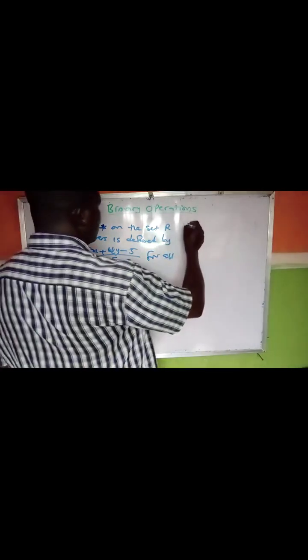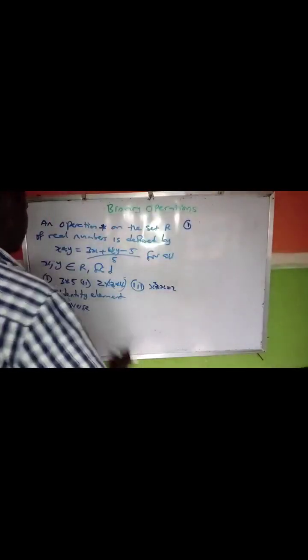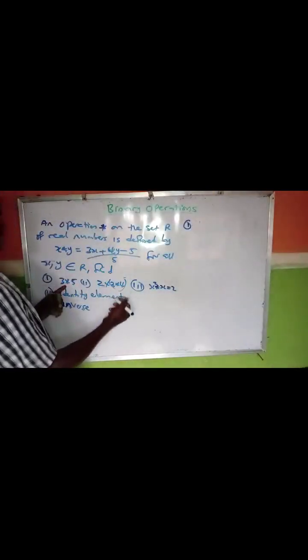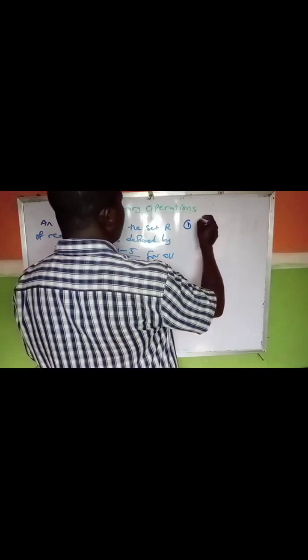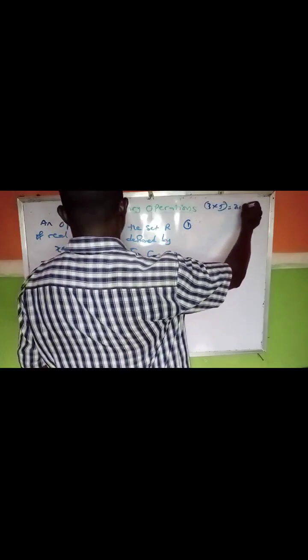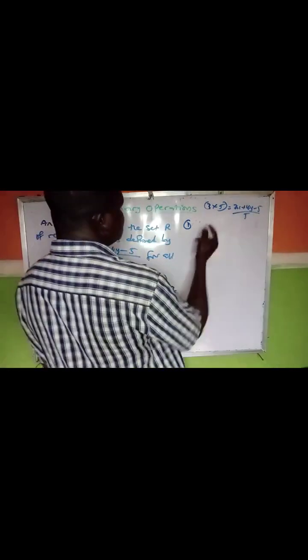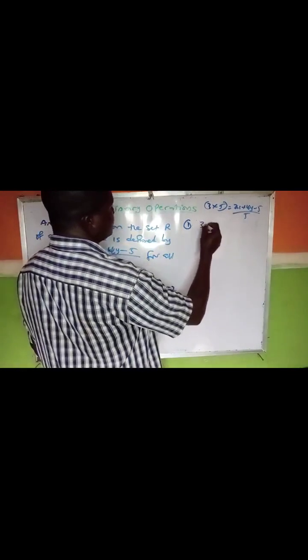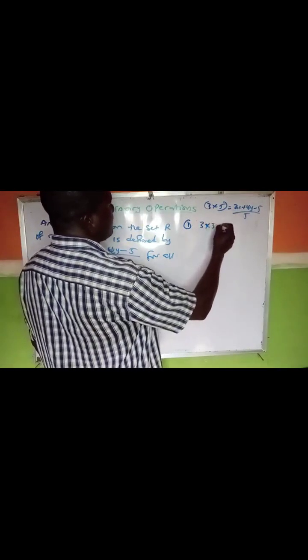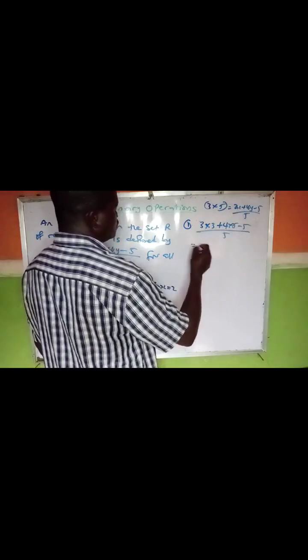So for question one, this is what you have. You simply put this one here, as I've said. So what you have there is 3 asterisk 5, which you are going to put into (3x plus 4y minus 5) over 5. So what will be your answer now? You will have 3 multiplied by 3 plus 4 times 5 minus 5, over 5.